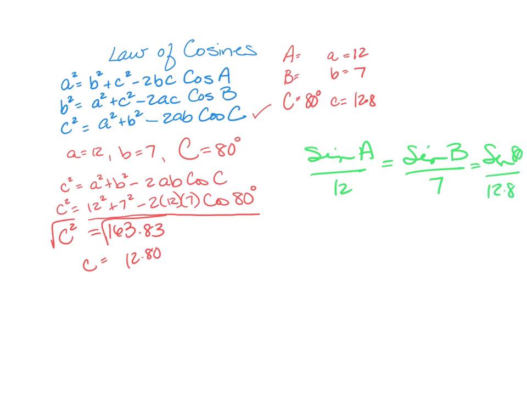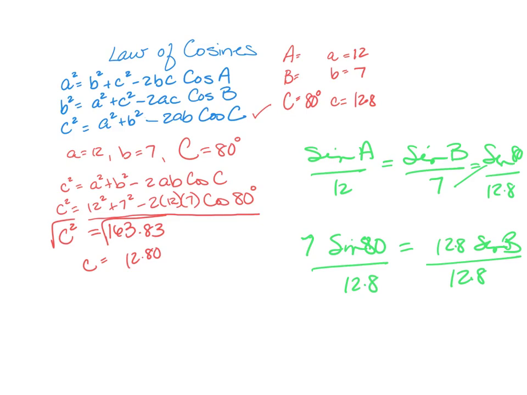You've done that already, so let's find big B. We multiply 7 times sine of 80 equals 12.8 sine of big B. You divide by 12.8 and that gives us a decimal, and that equals sine of big B. But to find big B, you hit the second button, second sine of that decimal.